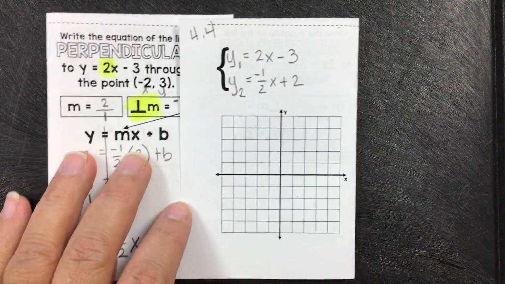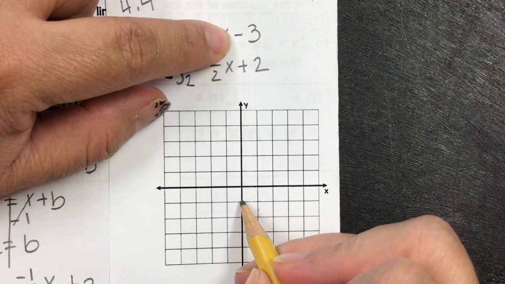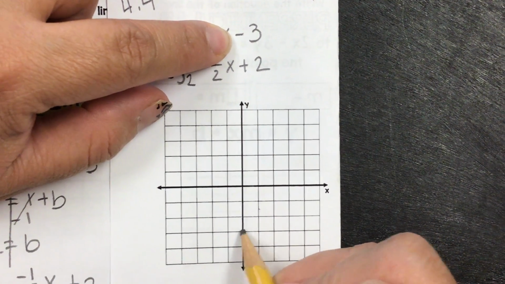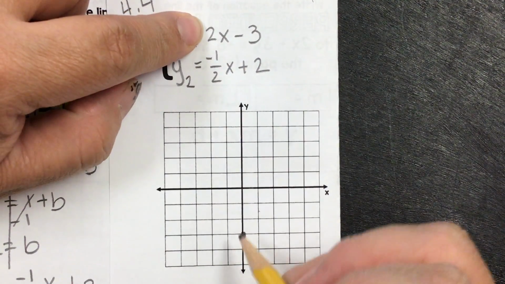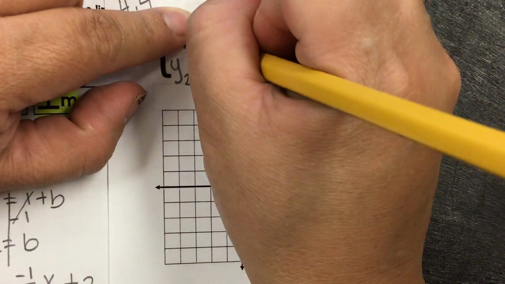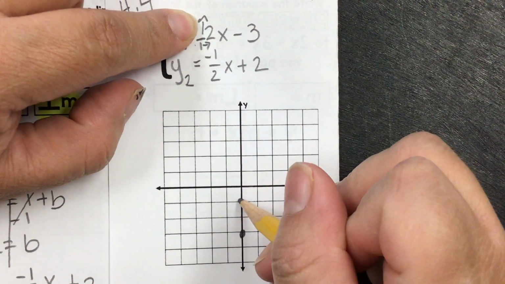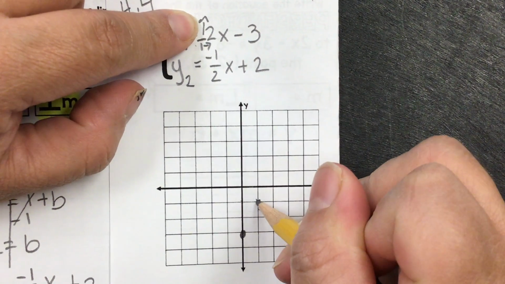Let's go ahead and graph. For this one, we start at the negative 3. Then we move up 2 to the right 1. You can do it again.